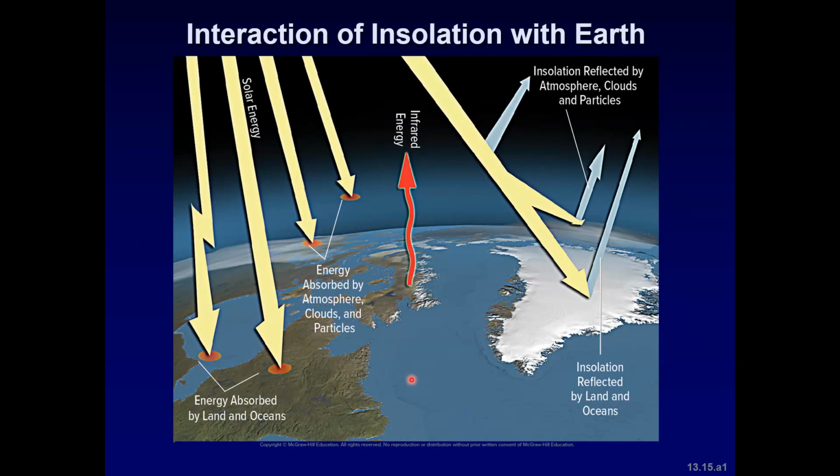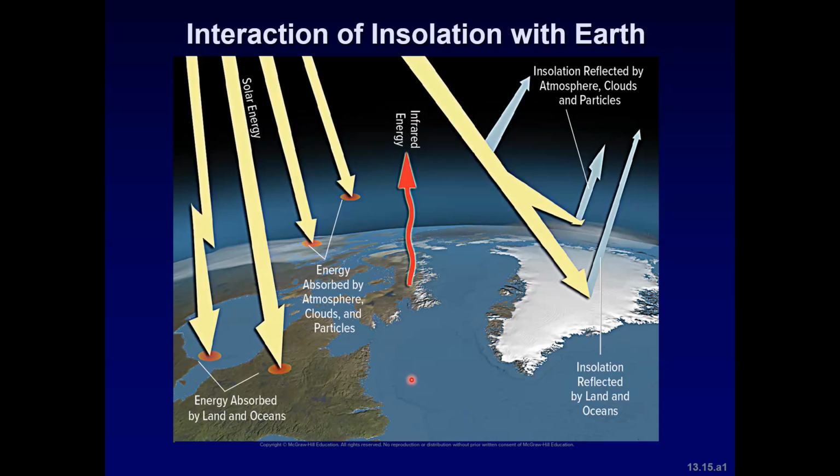All right, let's talk about insolation. Nearly all of Earth's heating at the surface comes from insolation. Some insolation is absorbed by the atmosphere. That's our orange disks there. Insolation is also absorbed by clouds, soot, and fine particles.